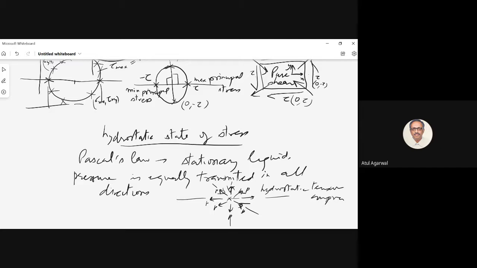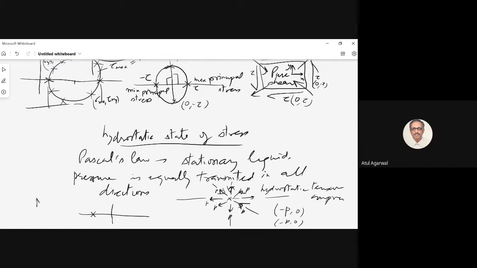So what is the value of stress on one plane? You will find that it is minus P. Shear stress you will find is zero. Only then will you have such a situation. Every plane will have the same, so both the points are going to one point only.